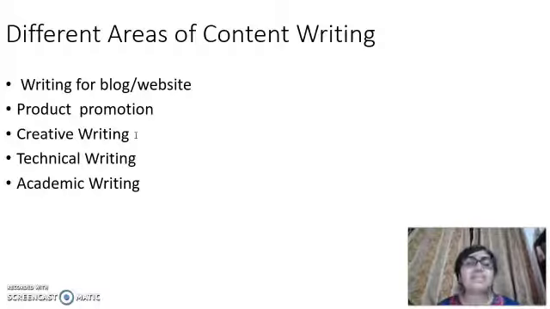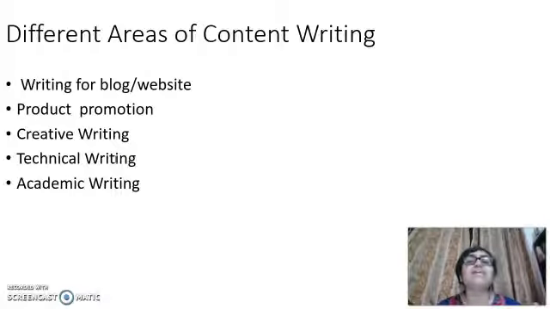There are different areas in which you can write and get paid for it. Pay is of course important, but creativity is very important in these styles of writing. All right. And the next thing we have is technical writing. Technical writing should follow extremely formal language.